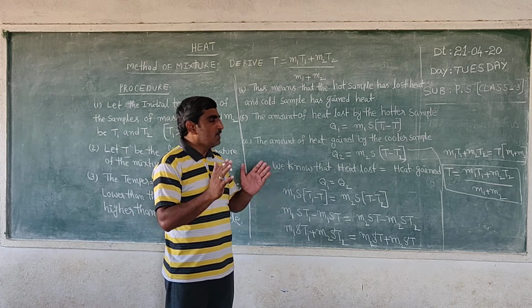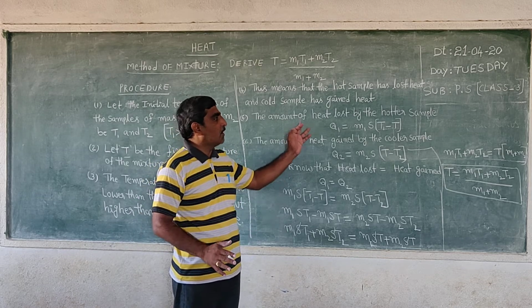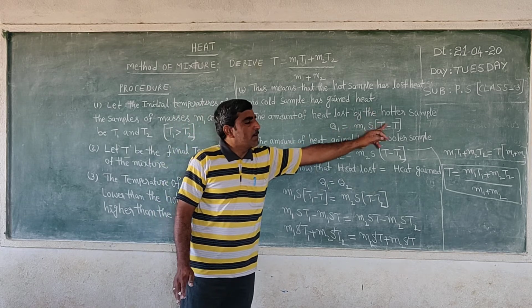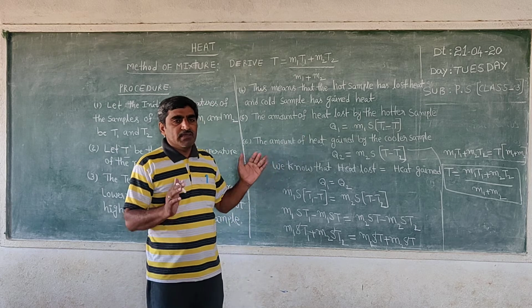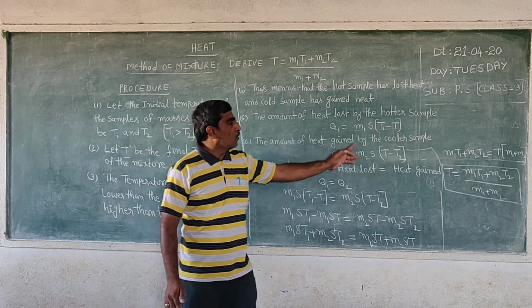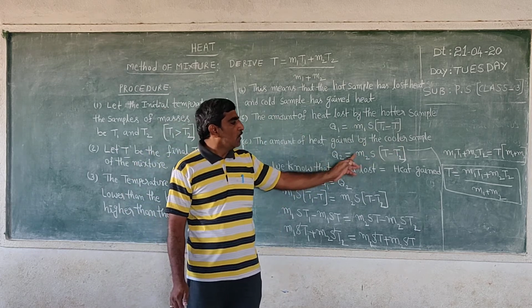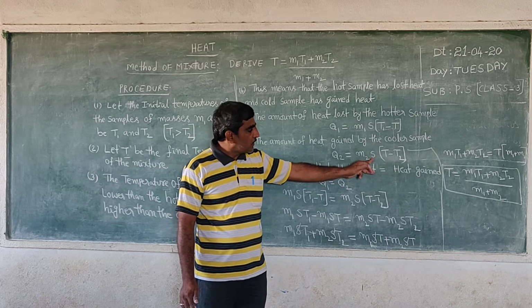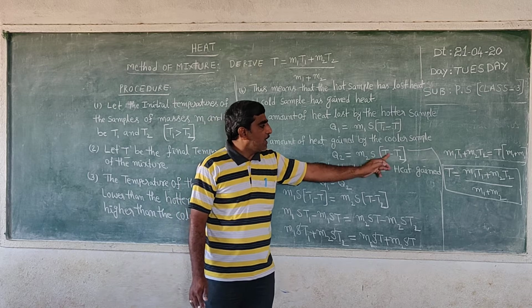The amount of heat lost by the hot sample Q1 equal to M1 S into T1 minus T. The amount of heat gained by the colder sample Q2 equal to M2, the mass of the sample, S, the specific heat, into T minus T2.